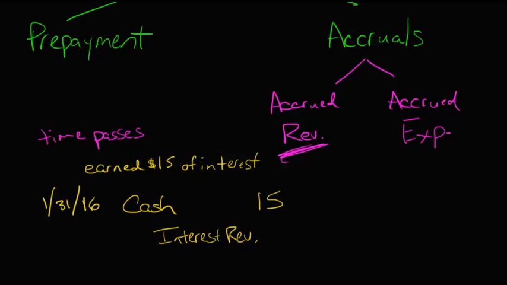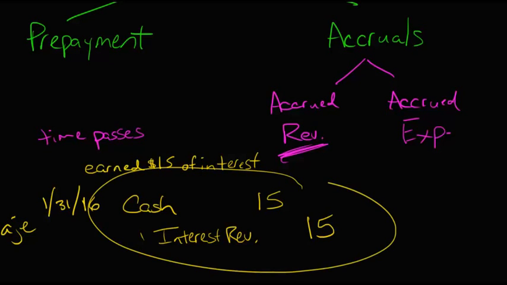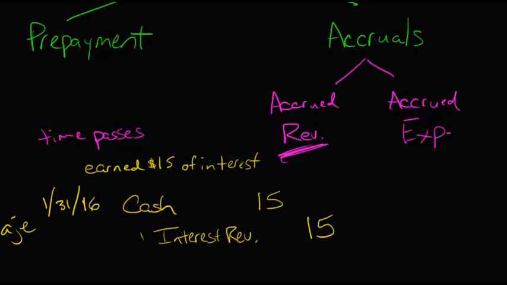And then at some point we're just going to have to make this adjusting journal entry to say we've got some interest here. So we make this entry to reflect the fact that we've had $15 of interest revenue.